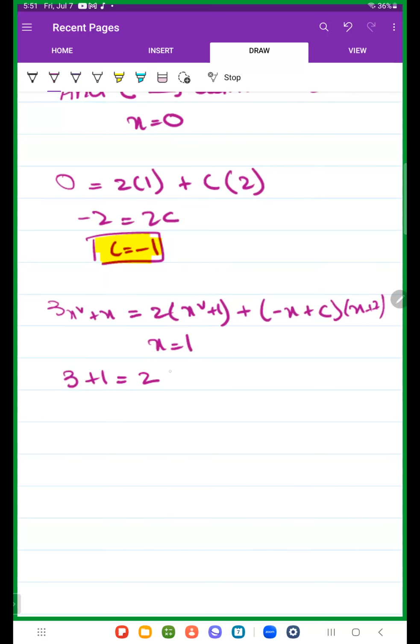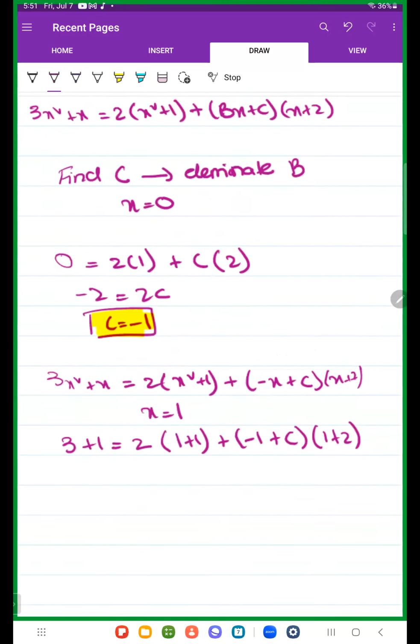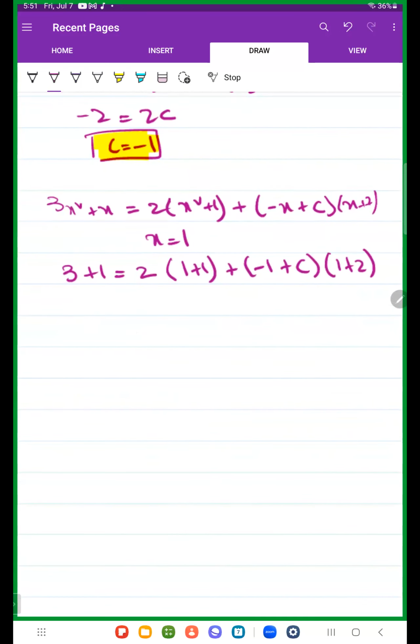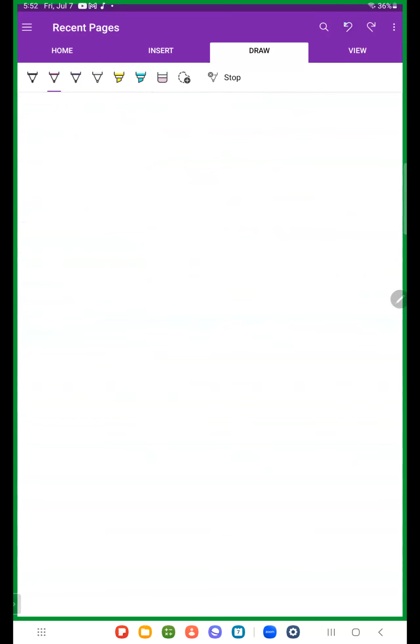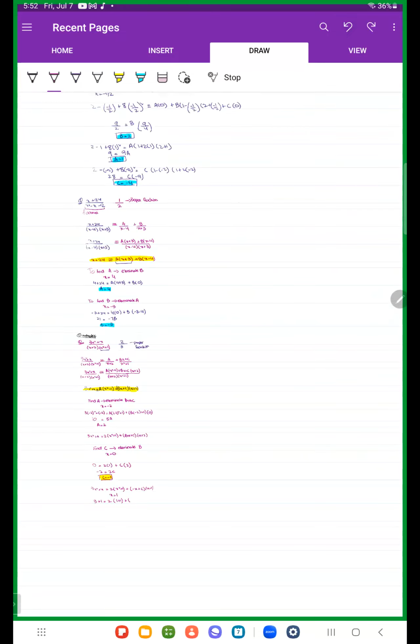For any unknown, you can plug in x as any value, as long as you're doing it on both sides, it's perfectly all right. Shouldn't that be b? Or is it c? But we found out c already. Sorry, we're finding out b now. Plug in any value for x to find out b.